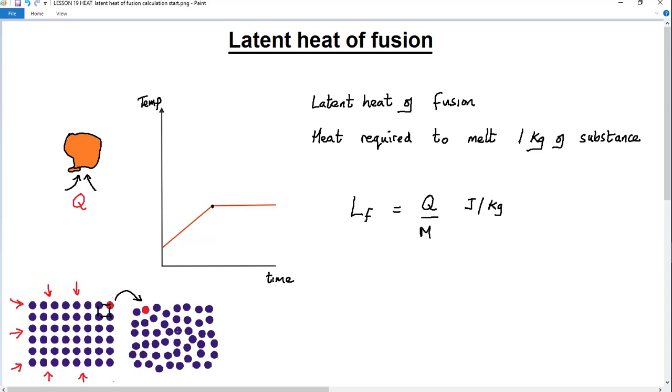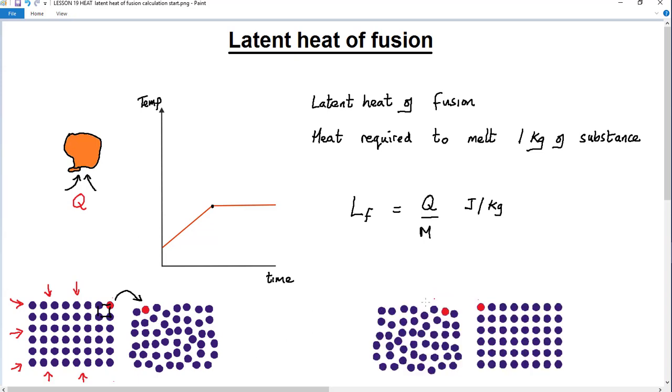I just wanted to point out that exactly the same heat is involved in the reverse process. When we have a liquid which is cooling, then in order for it to transform into the solid state, this time it needs to release heat. It needs to release heat in order to go back into the solid state, and it's exactly the same latent heat that's involved.